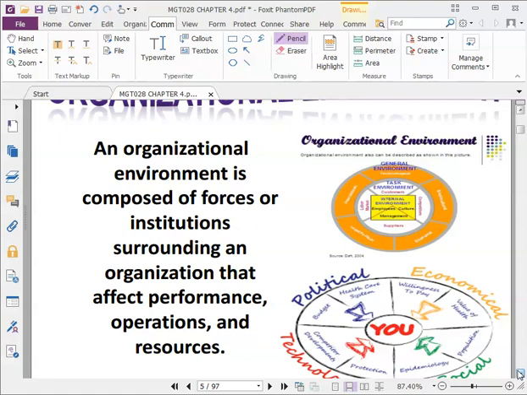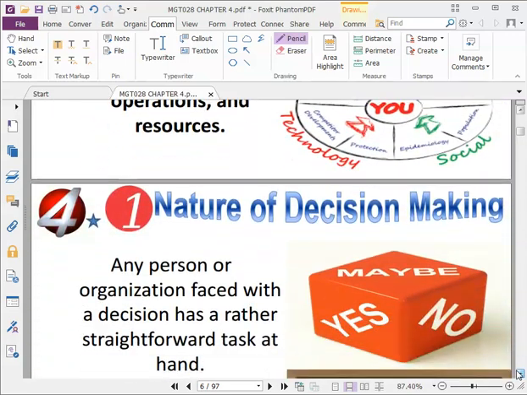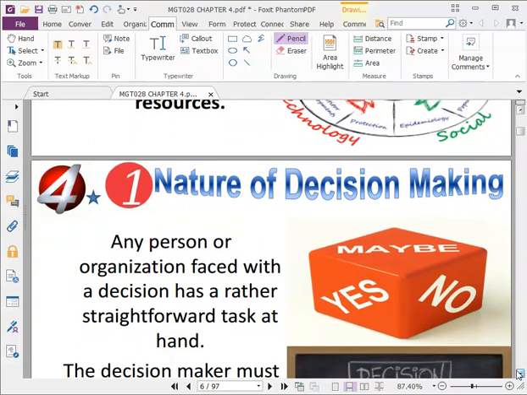Apa yang berlaku di sekitar organisasi tersebut, apa yang menyebabkan sesebuah organisasi itu berjaya, contohnya disebabkan oleh performance, operations and resources. Kita akan tengok dari segi the first one is nature of decision making.